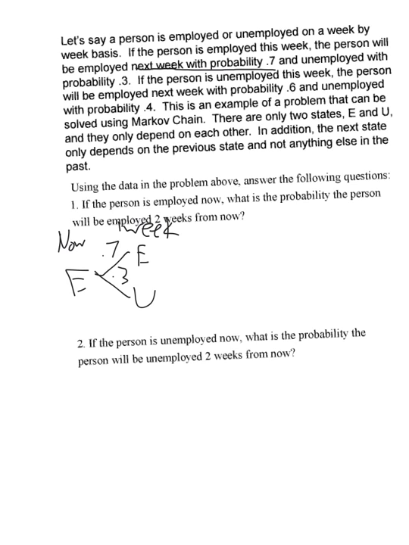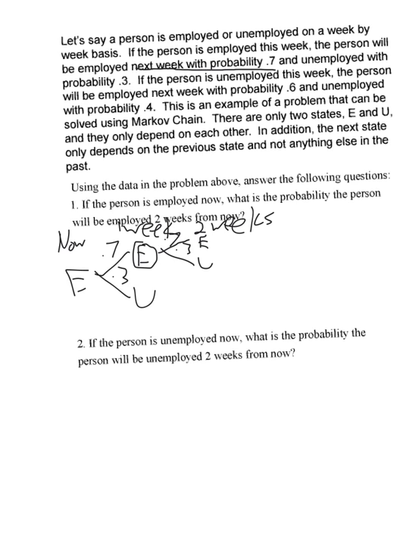Okay, so then the next week, this next part of the tree would be 2 weeks. Sorry for my bad handwriting on my iPad here. So the next week, if we're right here on employed, then again, they're either employed or unemployed. If they were employed right now, in other words, the one I have circled here, they're still 0.7 for being employed again, 0.3 unemployed.